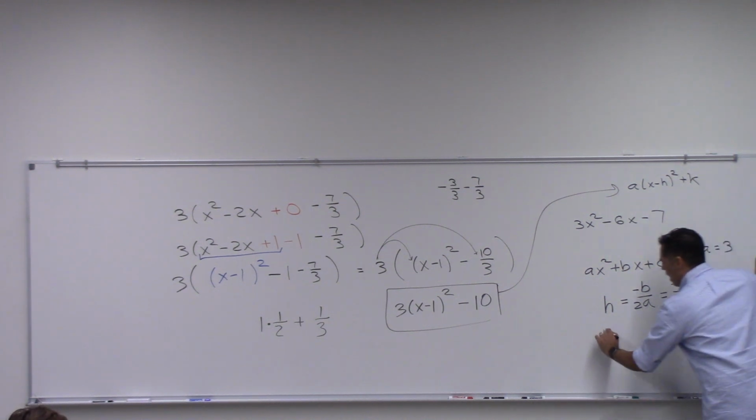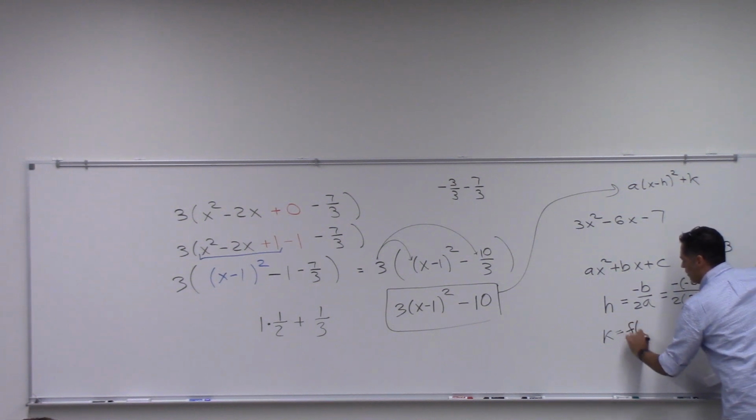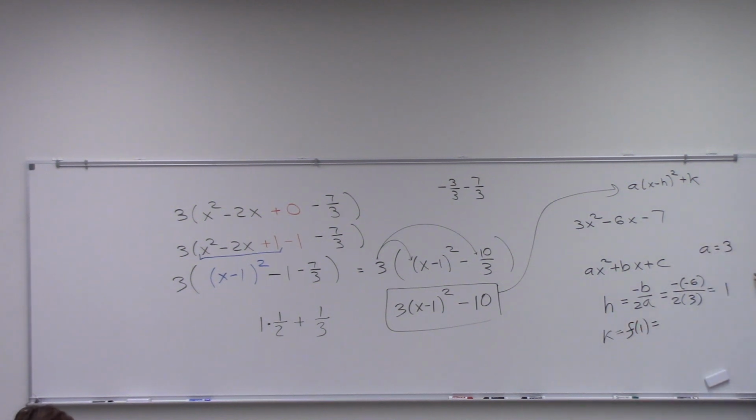And then how do you find K? You take that answer 1 and you plug it into the function. So take that answer and plug it in right here. 3 times 1 squared minus 6 times 1 minus 7. And what do you get when you do all this? Should get, what do we get?